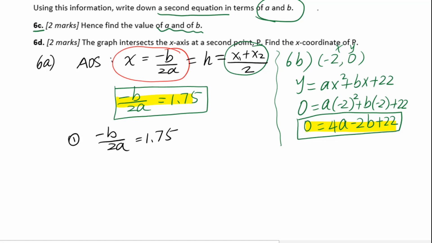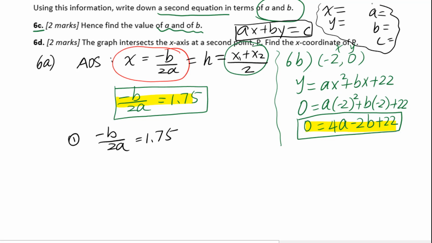If it's easy for you to figure out x equals, y equals, a equals, b equals, and so on, use substitution. Remember, when you use a matrix, you have to do ax plus by equals c format. But if it's easy for you to get this form, then use substitution.